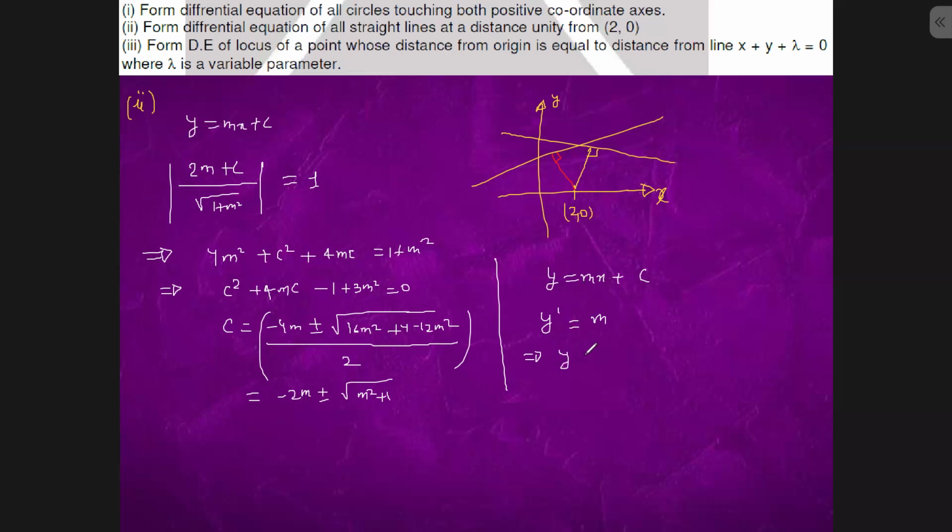So we can have y equals x y dash plus c, which is minus 2y dash plus or minus root under y dash square plus 1.